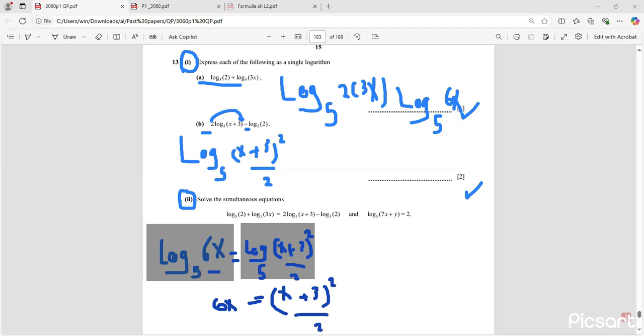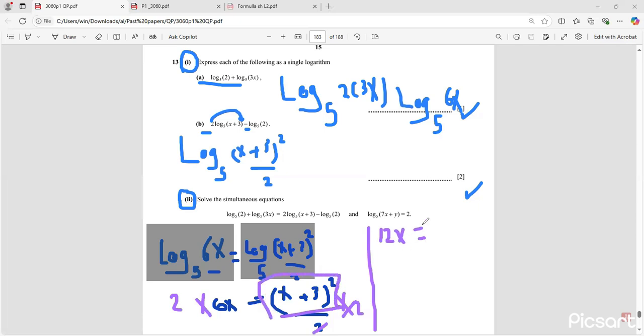By multiplying by 2 on both sides, we get 12x equal to x plus 3 squared. Here we're going to cancel the 2's. Then we are going to expand this bracket just to solve it quadratically.